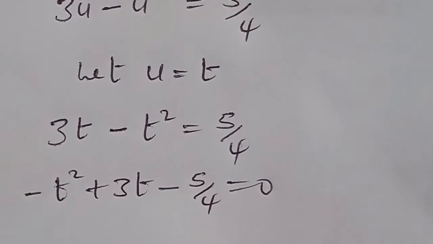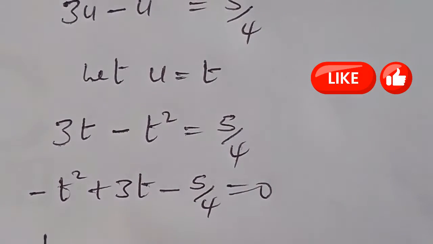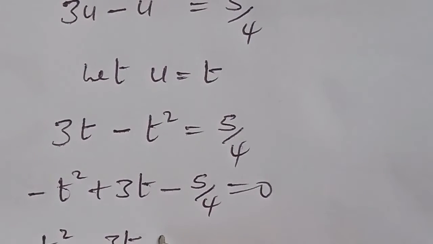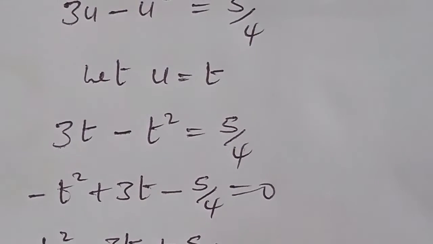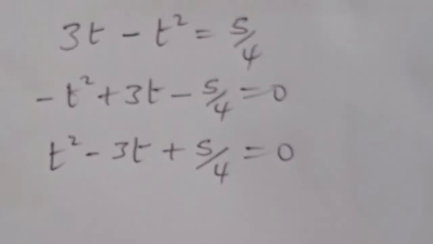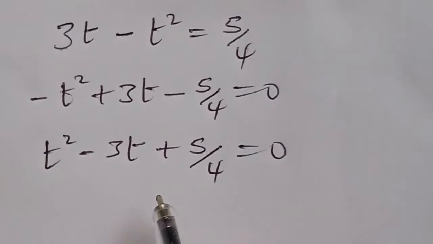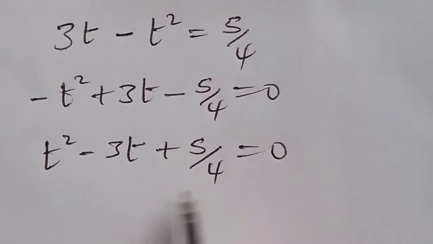We multiply through by minus 1. This becomes t squared minus 3t plus 5 over 4 equal to 0. Okay, now this is a quadratic equation which we solve with the quadratic formula.